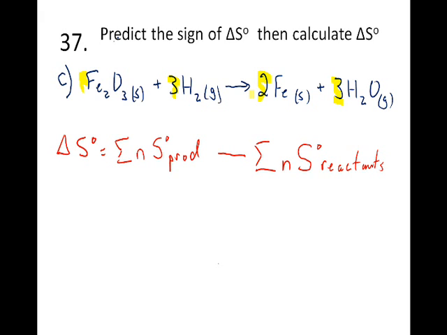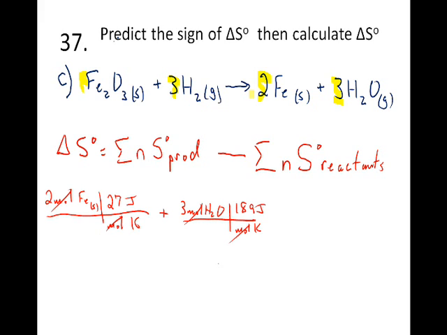So let's use the same equation we've been using. We're going to start with finding the sum of the entropies of all the products. So we have 2 moles of iron times its entropy that we looked up in the back of the book, and we have 3 moles of water in the gas form times the entropy that we look up in the back of the book.